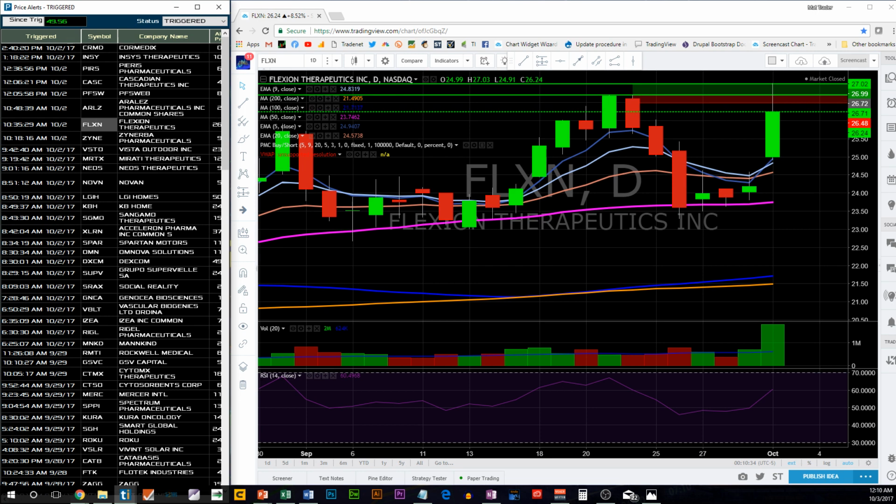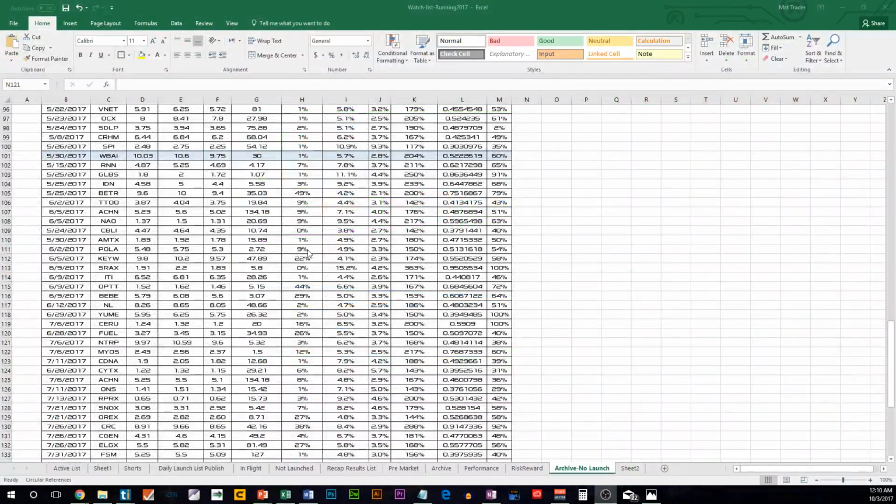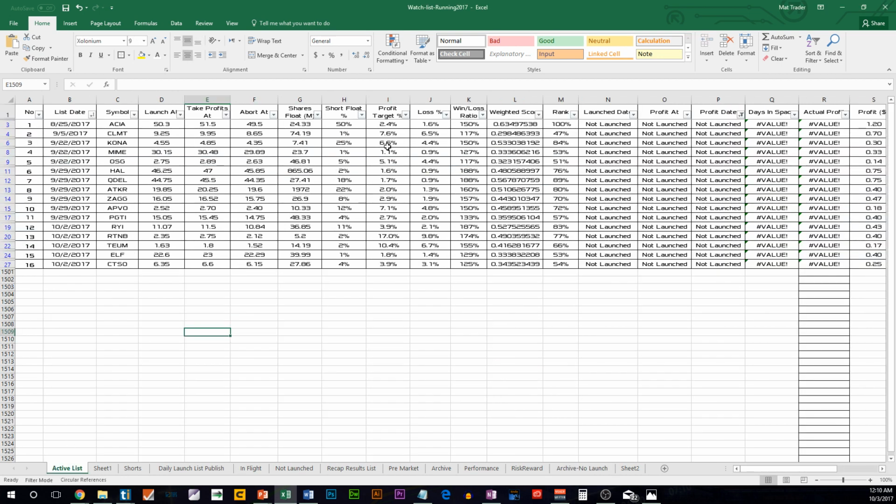And if you're curious about that, let me show you something else here that I typically don't show you. I've got to go to this screen here. So this is one spreadsheet where I captured the launch list, a list of stocks that are currently waiting for launch, but I also have an archive, no launch.